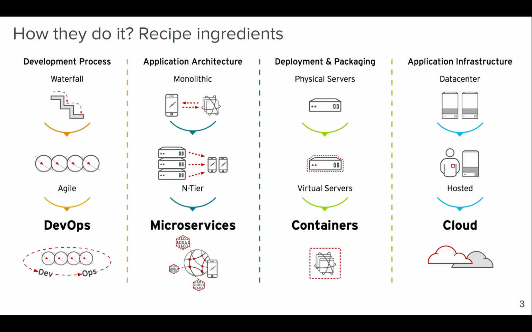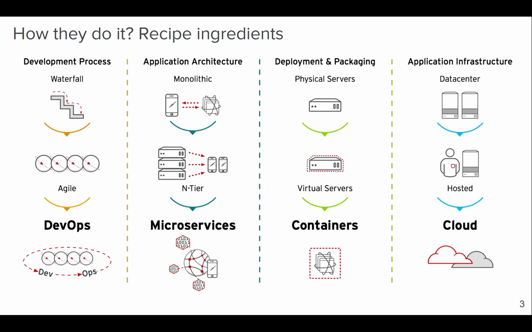The primary keyword over here is modernization, or evolution, whatever you call it. If you look at the four primary pillars, from your development processes to application architecture, how you deploy and package them, and what kind of application infrastructure you're hosting on, people have evolved from waterfall to agile to DevOps.